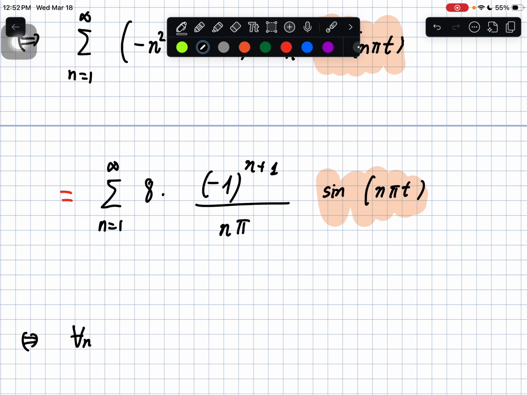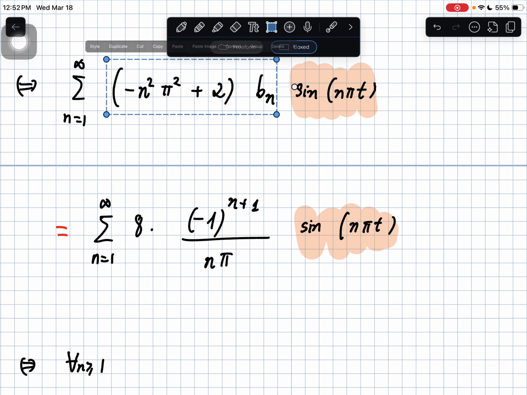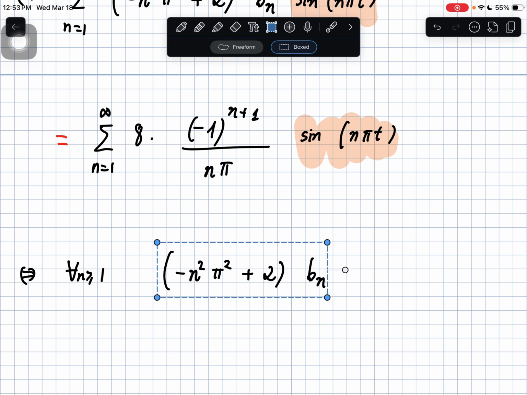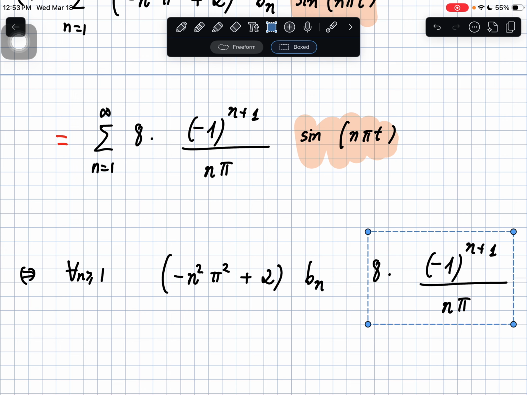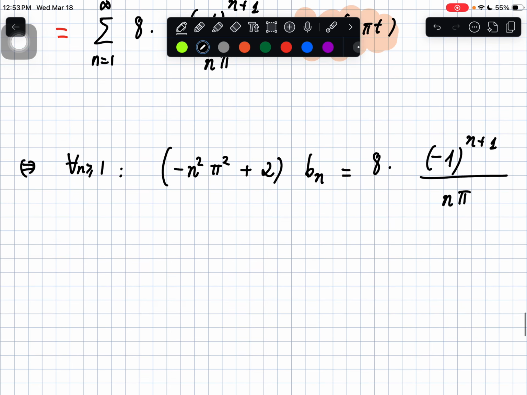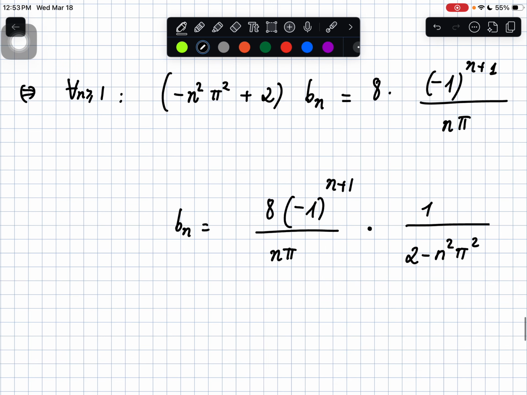For all n greater than or equal to 1, Bn times this equals this. Bn equals 8 times (minus 1) to the n plus 1 over n pi times 1 over 2 minus n squared pi squared. This is our Bn.